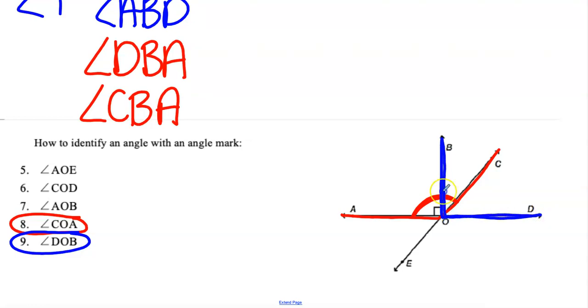So DOB is this angle on the right. Okay? So this is how you make an angle mark to let you know which angle that we are talking about. Okay? So we'll practice that later, but right now I want you guys to work on practicing naming angles.